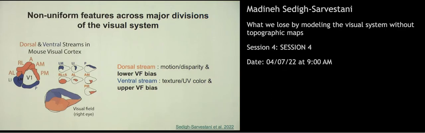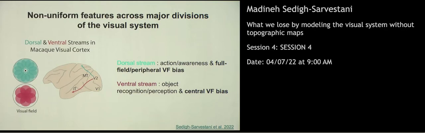And I mentioned in the intro, the primate dorsal and ventral streams famously have different feature sensitivities. It's one of the first functional specializations that were noted in primate brains. They also have these visual field biases.